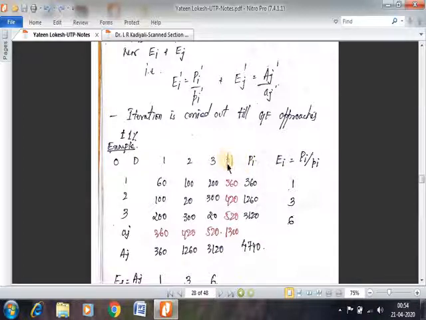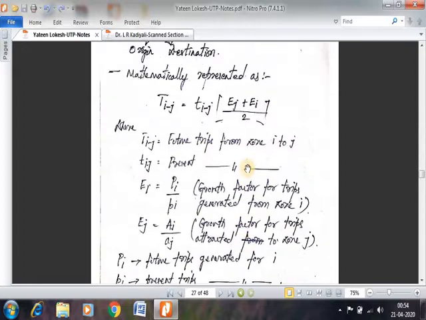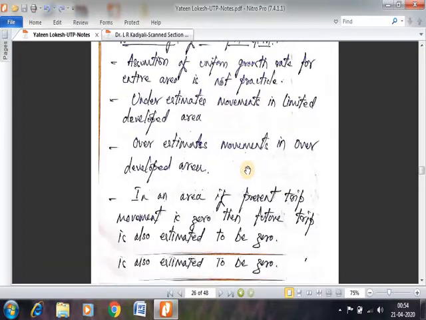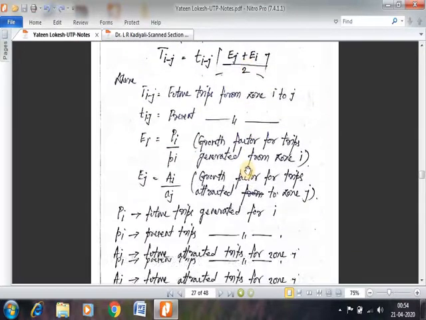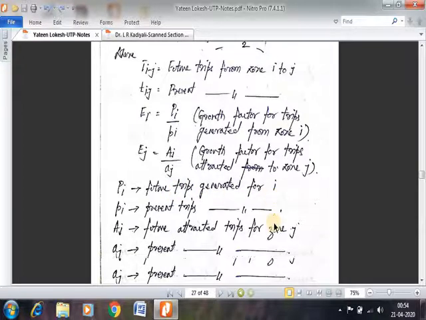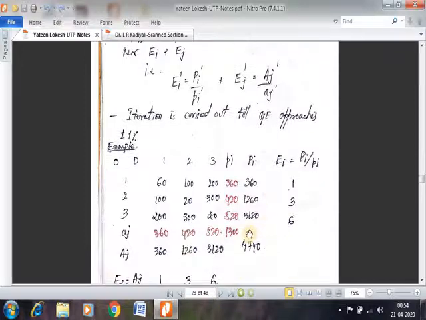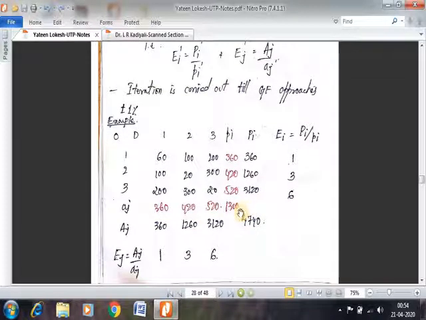I think you already know what small pi and capital Pi is, right? Small pi is the present trips generated for zone i, capital Pi is the future trips generated for zone i. Okay, keeping this in mind, let us directly move into the calculations.